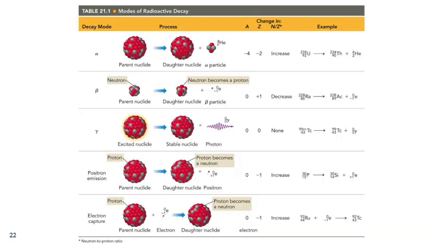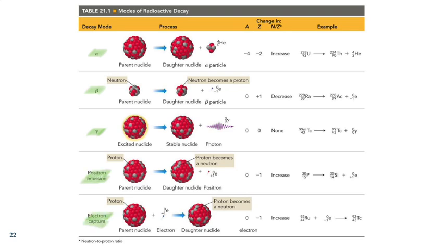Okay, so this is a table in your textbook that summarizes all of these things. What do you need to know? You need to know the names of these types of radiation.